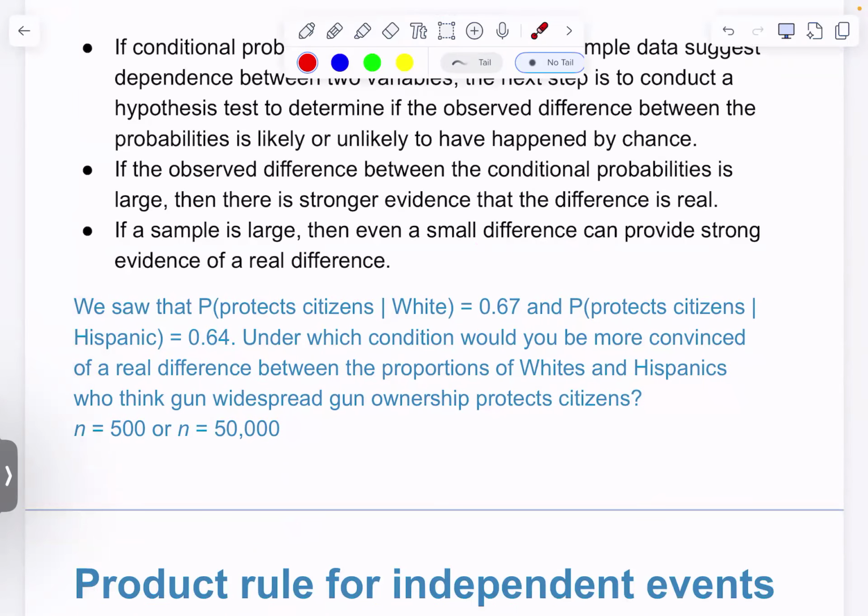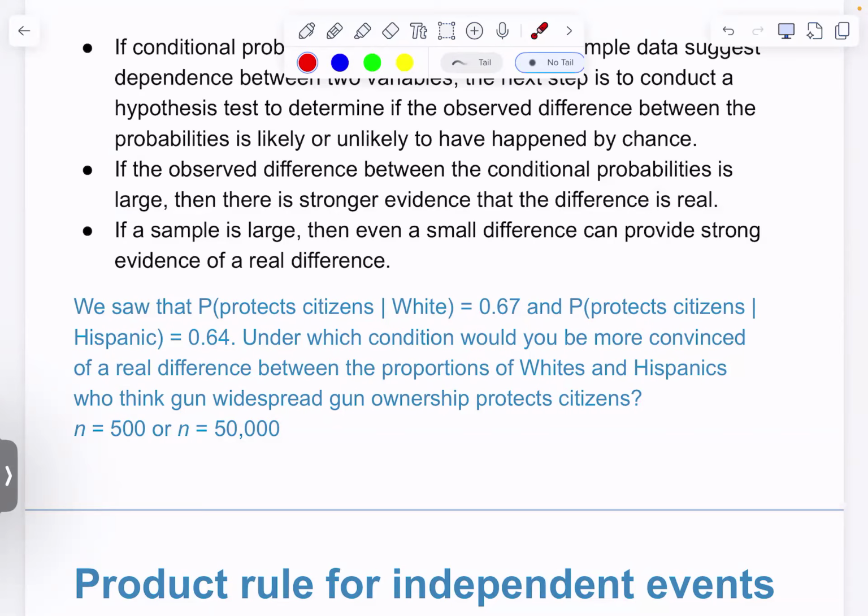So we saw the probability that it protects citizens given that they were white was 0.67, which is relatively close to the probability that it protects citizens given that they're Hispanic, which was 0.64. So the difference between 0.67 and 0.64 is kind of up for interpretation. They are different, but they're relatively the same, especially considering the 28%.